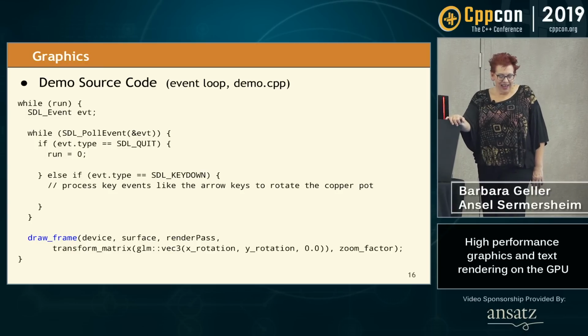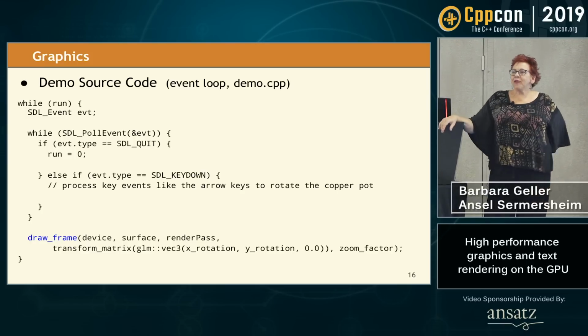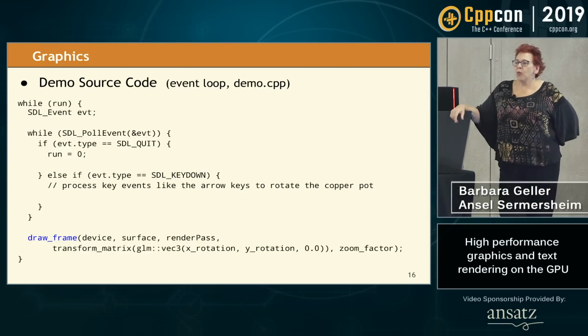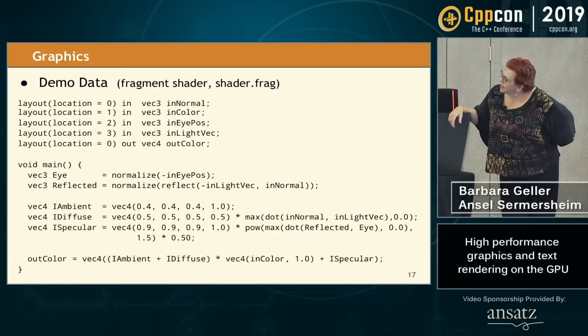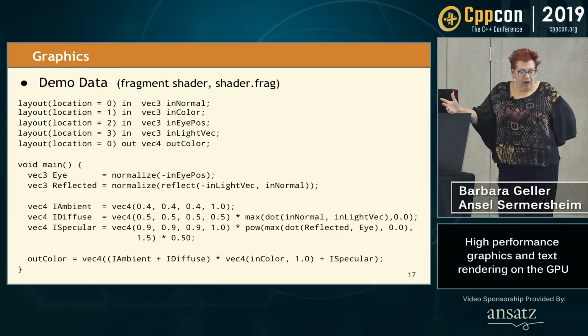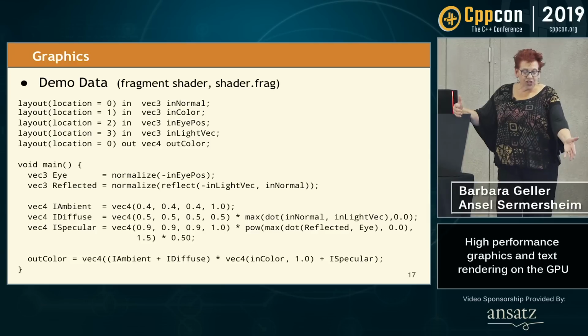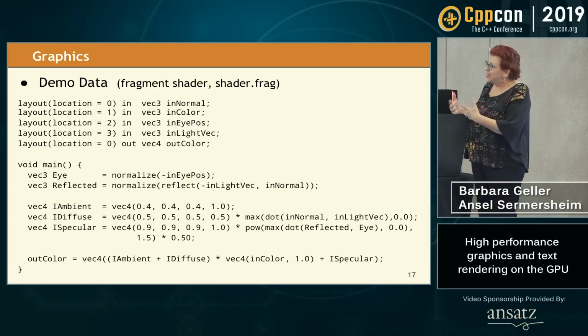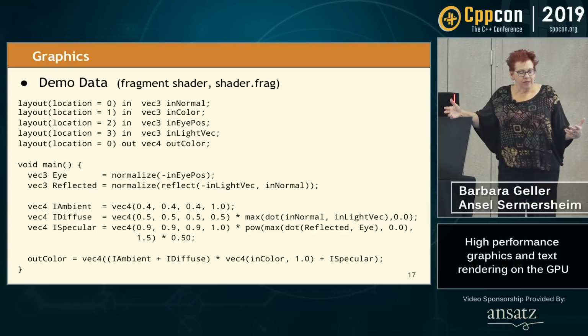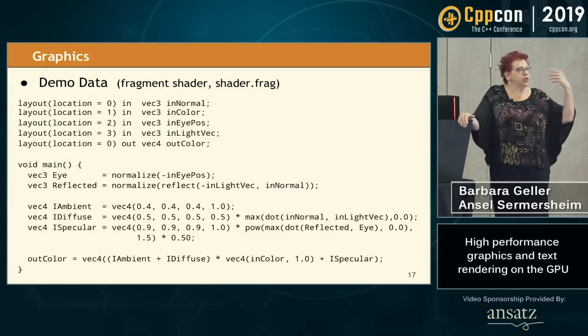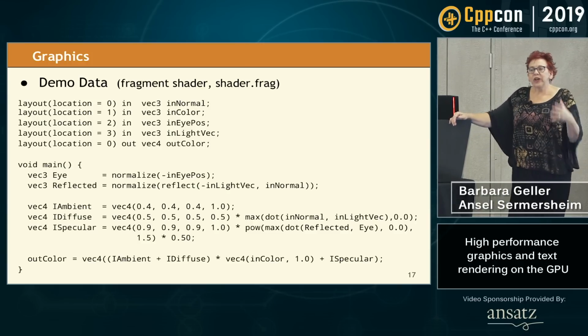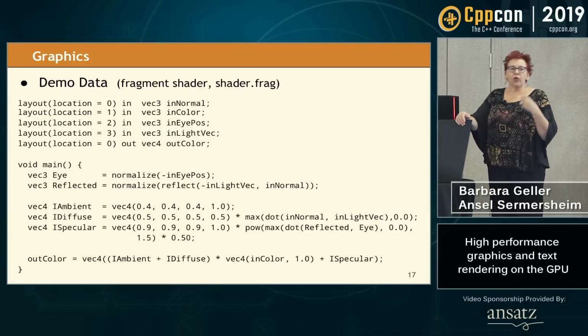If you've never written a fragment shader, this is what one looks like. It's not a lot of code, but it's not written in C or C++. This is written in a slightly different language with a slightly different output. But we're supplying it in the demo, and it's actually not that complicated to read. The shaders are one of the things you would need to write, and they're what control the lighting or the coloring or how something is done.